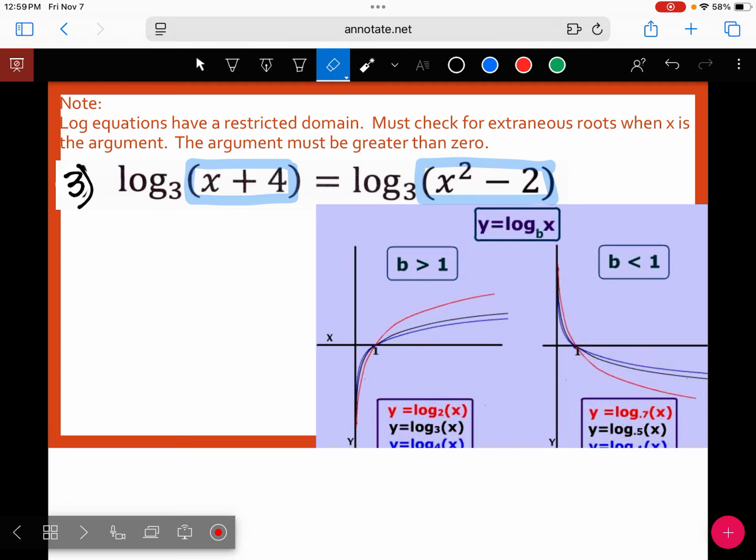It's the same thing with the log. If you have a log with the same base on both sides, they cancel out. So what we're left with is x plus 4 equals x squared minus 2. We can set our arguments equal to each other because they're both base 3, so they cancel out.